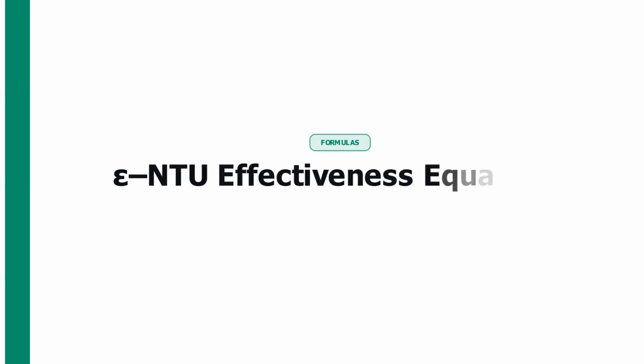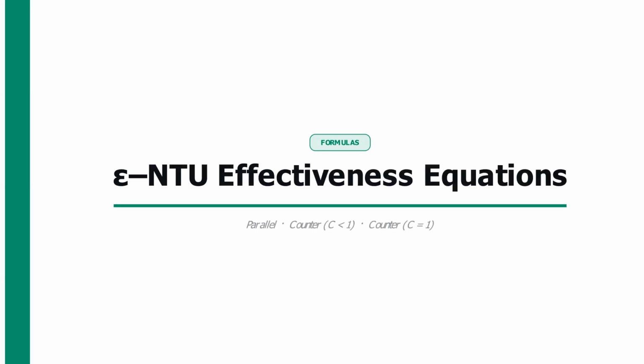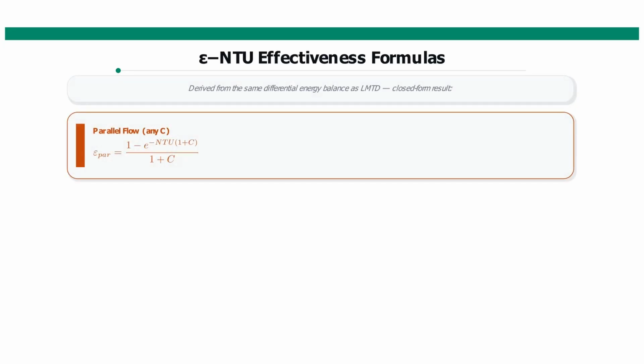From these definitions, the effectiveness can be derived as a function of NTU and C. The derivation follows the same differential approach we used for LMTD, integrated to a closed-form result. The key formulas are: for parallel flow, epsilon parallel equals 1 minus e to the negative NTU times 1 plus c, divided by 1 plus c.